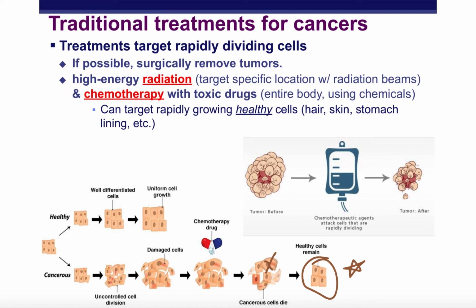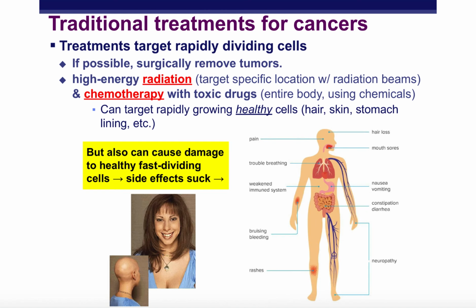The reality is most of the tumor dies, though a decent amount of tumor may be left behind. And again, as I mentioned, because it's targeting fast-dividing cells, not only is it targeting cancer cells, but any cells in tissues that tend to divide more frequently are the ones most likely to get side effects.